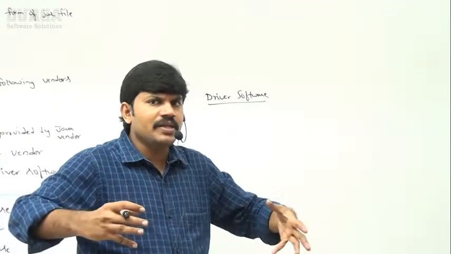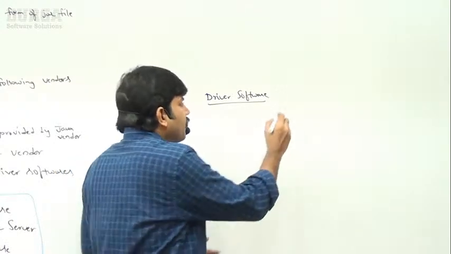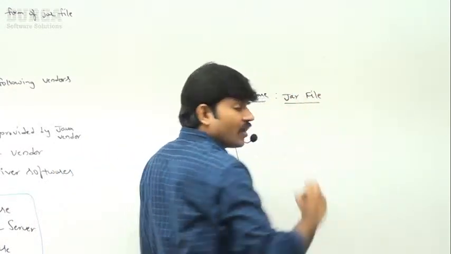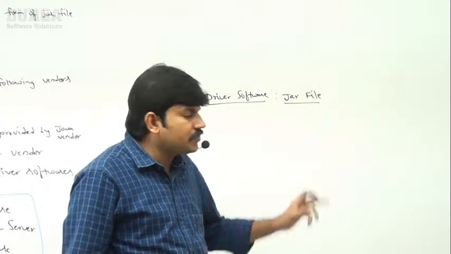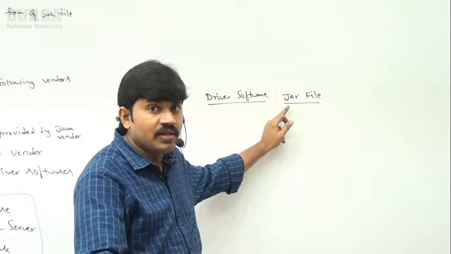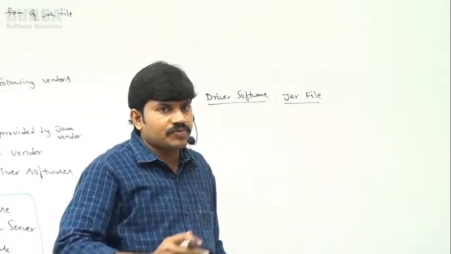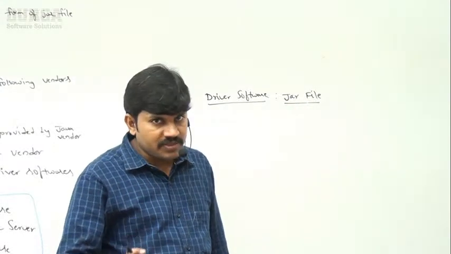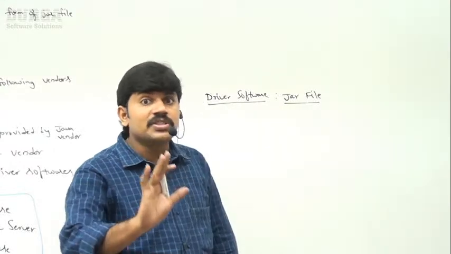Usually in our software environment, a group of classes we can represent by using a jar file. A jar file contains a group of .class files. Remember this one, sir: Java archive file. It is a compressed file which contains a group of .class files, right? That's why usually driver software is available in the form of a jar file.